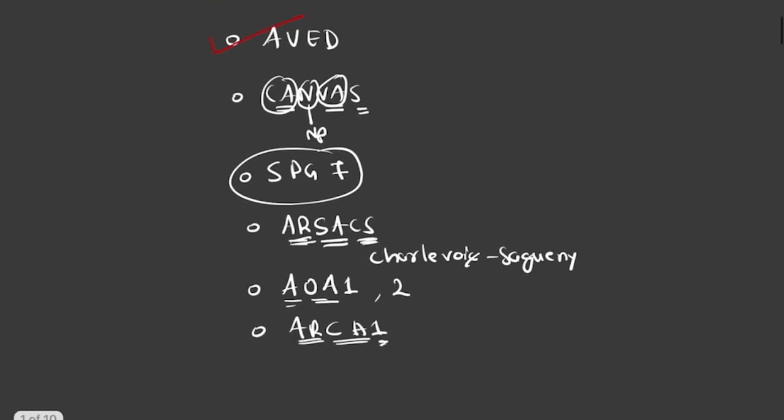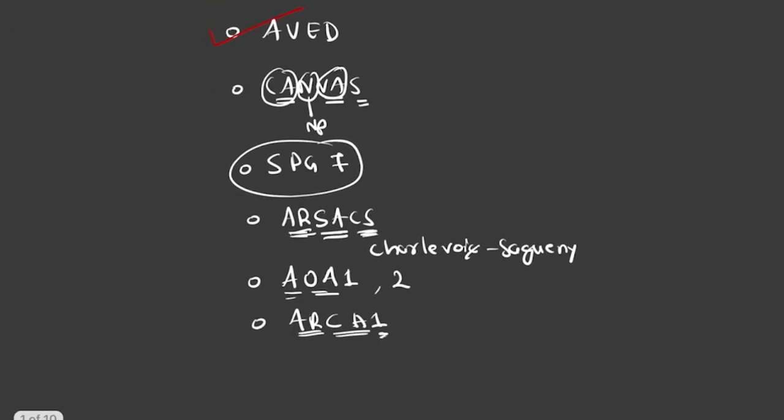But if you see Bradley's Neurology textbook, he has given extra syndromes like CANVAS syndrome, which as I told stands for cerebellar ataxia, neuropathy, vestibular areflexia syndrome. Then SPG7, ARSACS, which stands for autosomal recessive spastic ataxia of Charlevoix-Saguenay. Then ataxia with oculomotor apraxia type 1 and type 2.